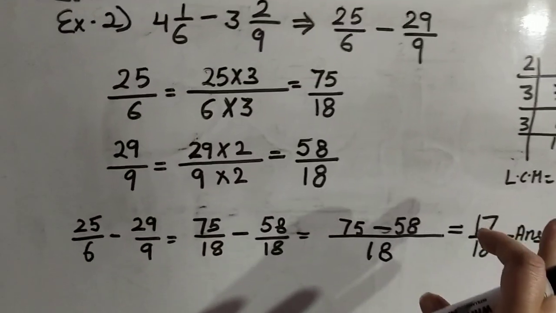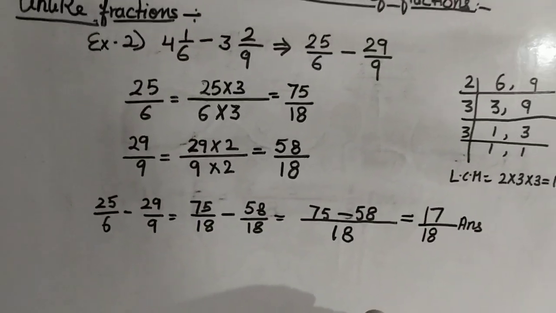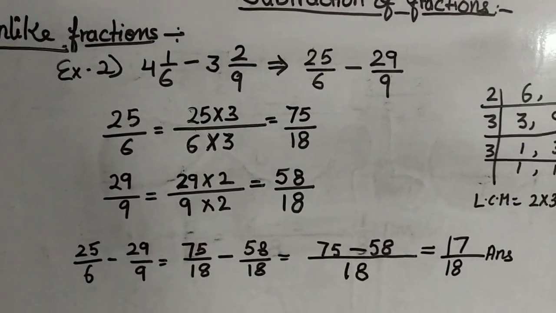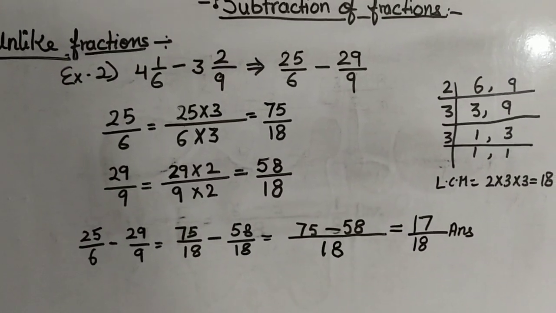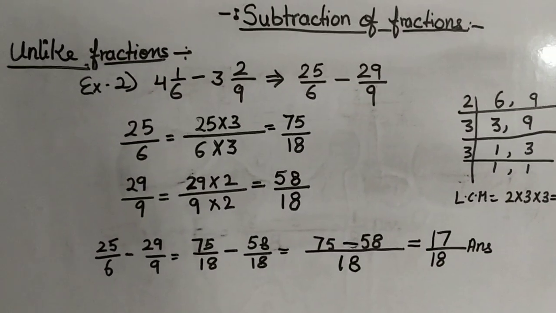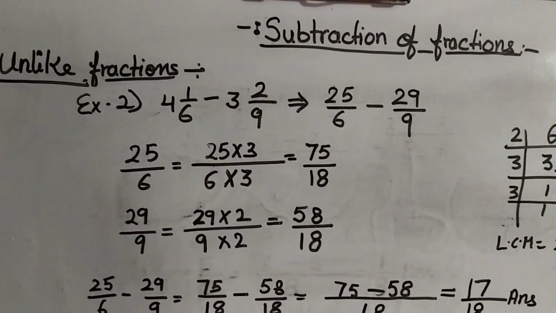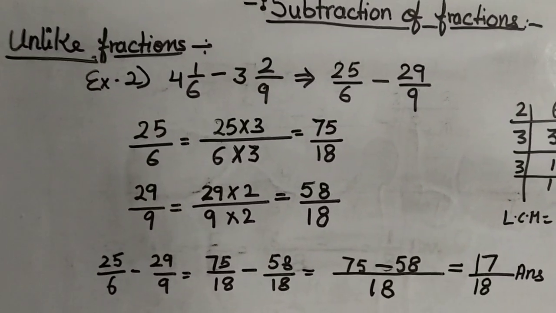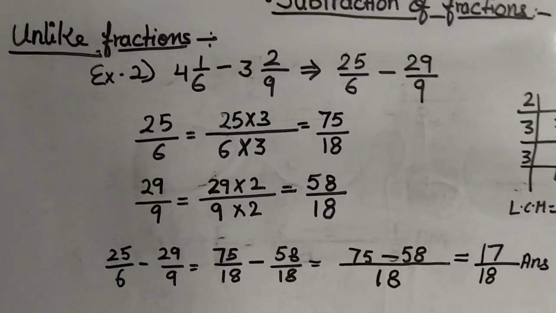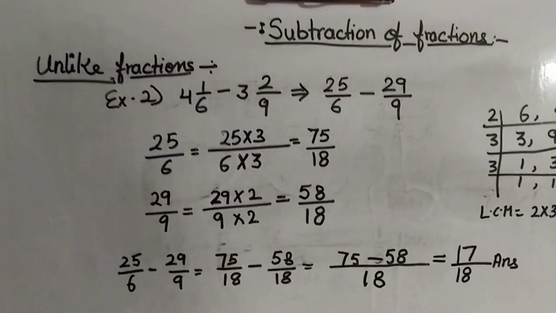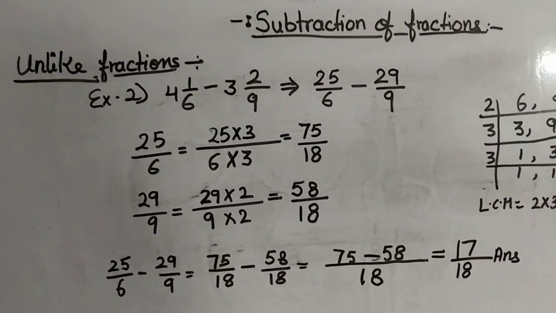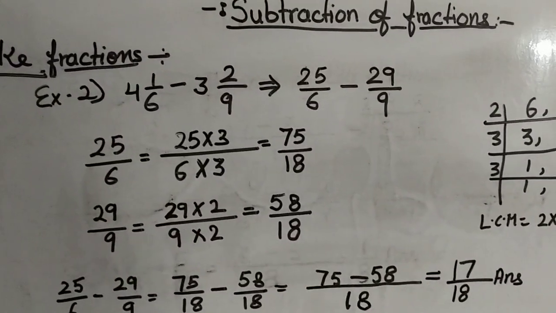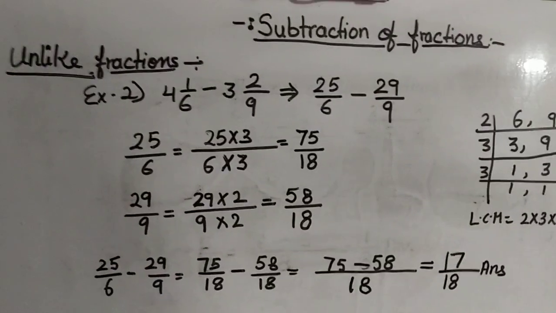If we are getting our answer in the form of improper fraction, we change it into mixed number. I hope you understand how to find the difference of like fractions and unlike fractions. For like fractions, I told you the difference of like fractions equals the difference of numerators upon common denominator. And for unlike fractions, there are some steps. If your question is given in the form of mixed number, you change these mixed numbers into improper fractions.